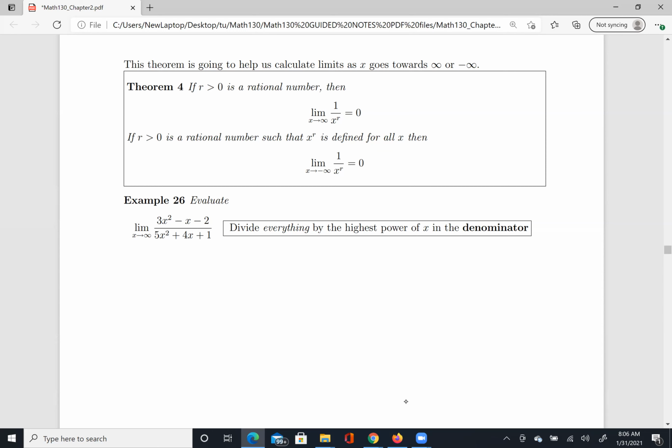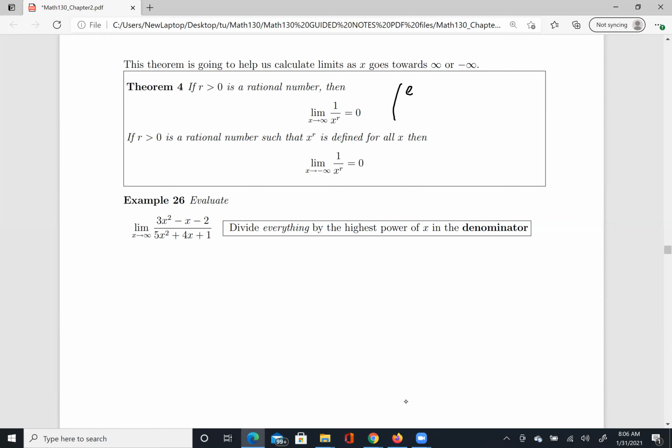So okay, then we have the limit of 1 divided by x to the r when x goes to positive infinity will be equal to 0, right?